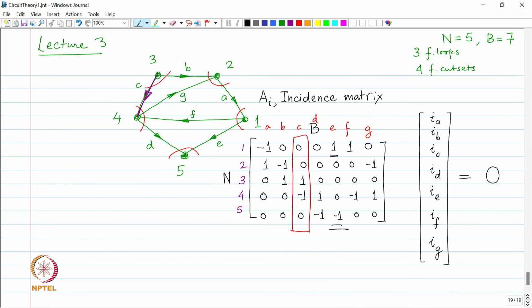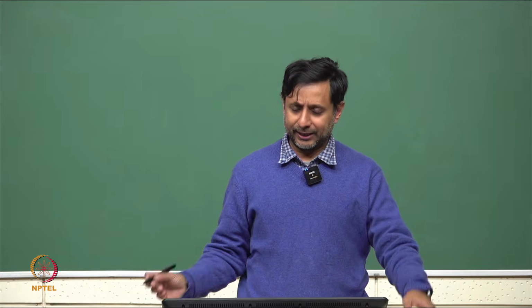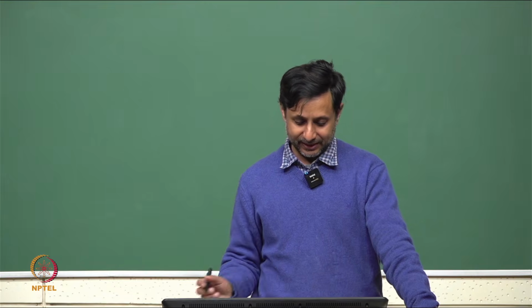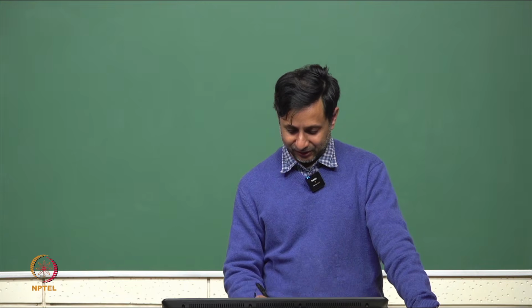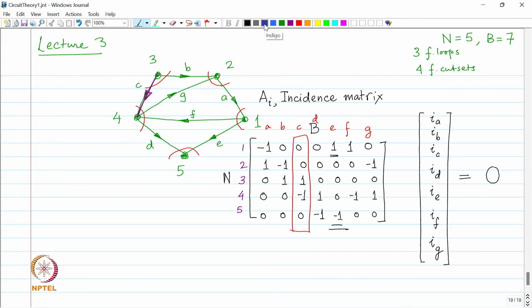All right. Now, the incidence matrix, as it has been pointed out, is not very useful, right. It is rather useless in fact, because it is all linearly dependent. So, we can't deal with it. So, what people then did is they just removed this last one.